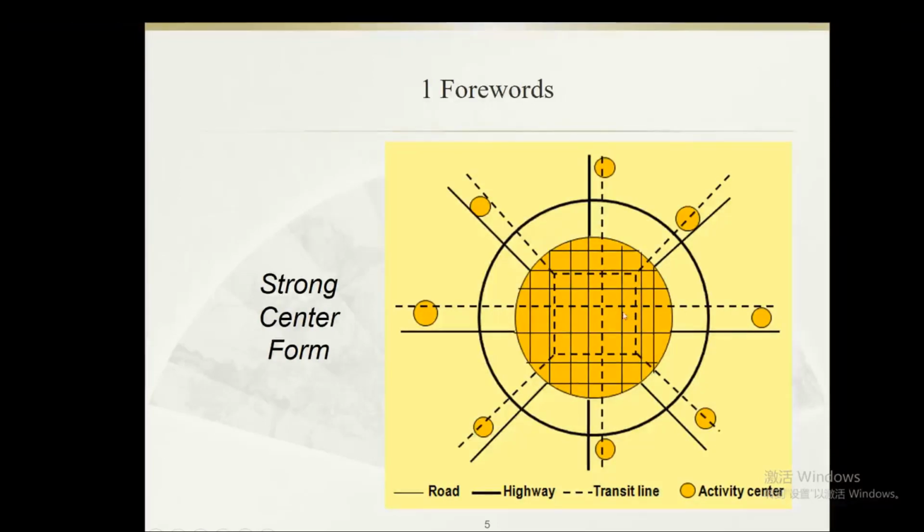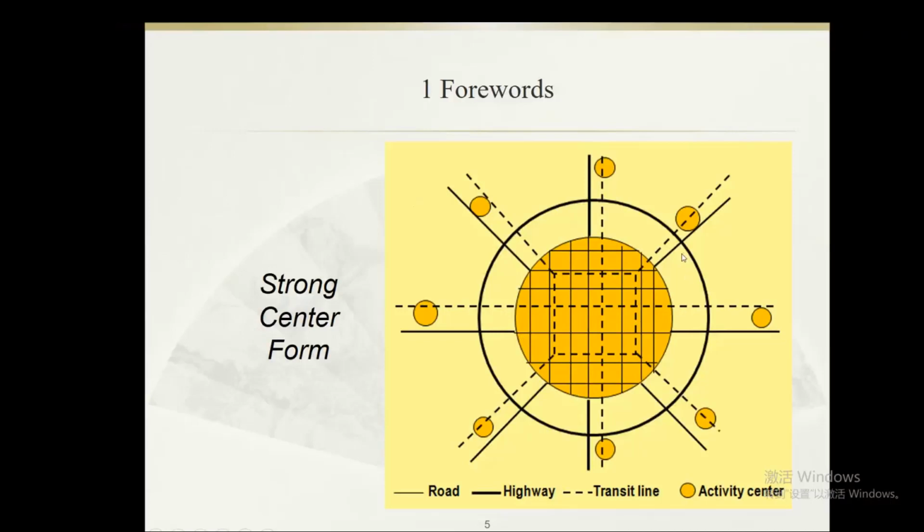But if you drive a car, sorry, you will find that you can drive only very slowly. Not convenient. So in this way, you cannot leave, especially the city center, very easily. If you come into the city center and utilize a private car, it's not convenient. But if we want to leave or come into the city center by utilizing public travel modes, especially transit lines, it will be convenient. So this urban form means strong center form.